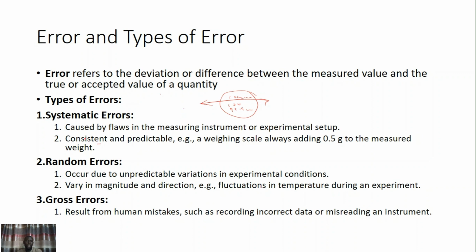Take notes: systematic error is usually predictable and consistent, while random error is unpredictable, and the magnitude and direction vary. Gross errors result from human mistakes, like a problem with recording of the results. Also, if someone doesn't know how to read a scale very well, whatever error results from that is a gross error.